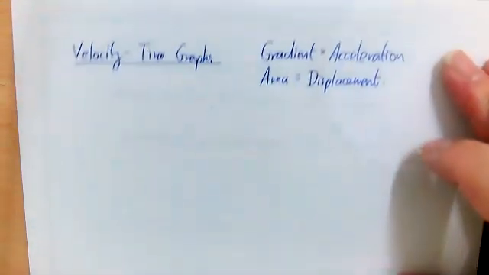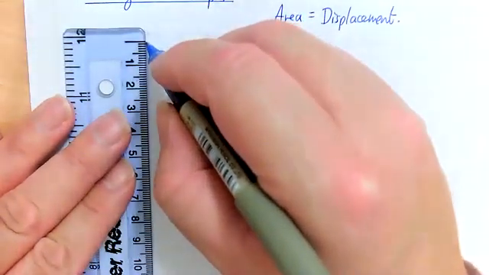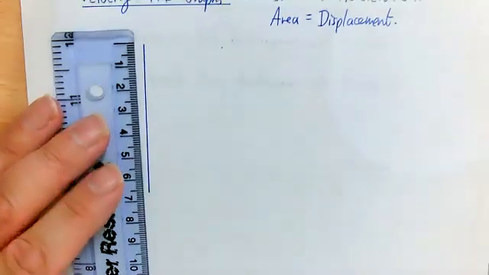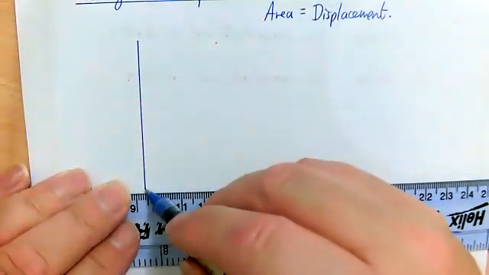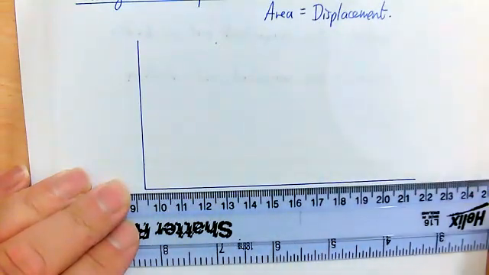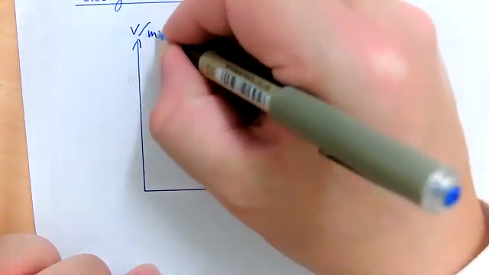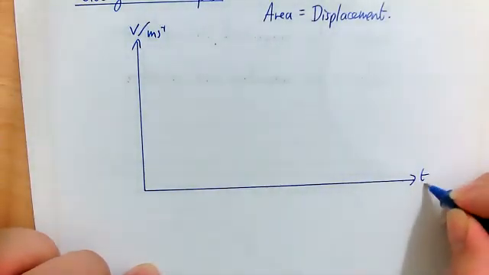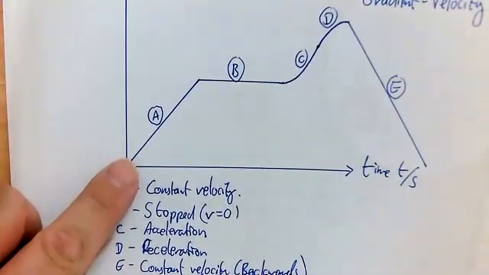Okay, so if we look at a particular sort of style of motion, let's say, okay, if I look at my original displacement time graph, I could draw an equivalent velocity time graph. So here I've got my constant velocity.